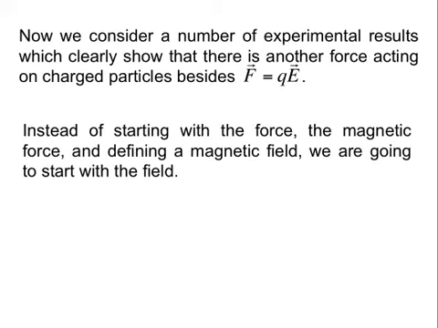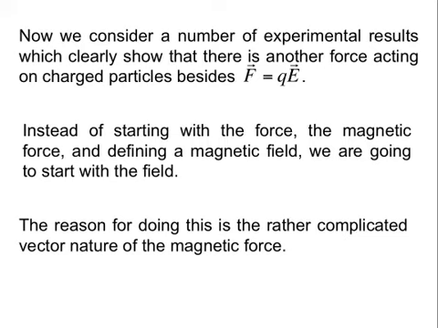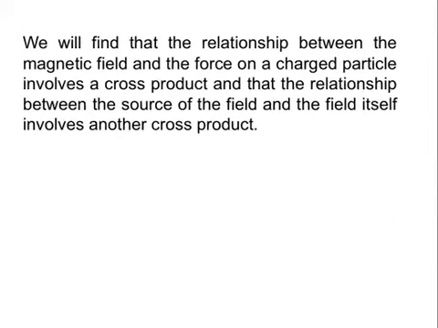Instead of starting with the force, the magnetic force, and defining a magnetic field, we are going to start with the field. The reason for doing this is the rather complicated vector nature of the magnetic force.